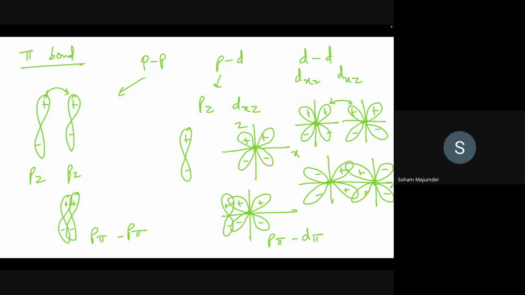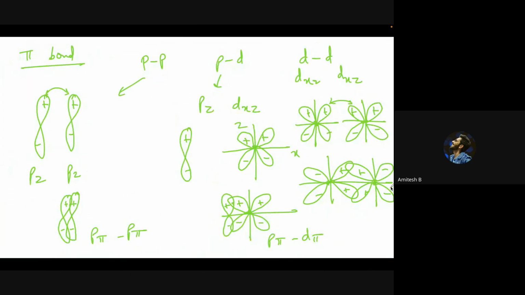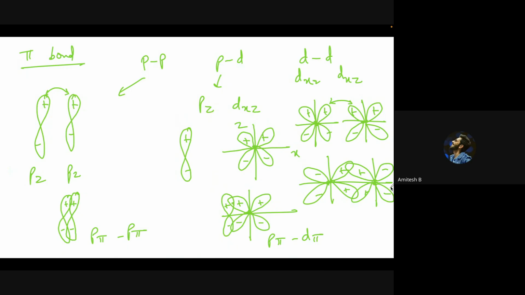No, sir. So like, pi bond is formed when the axes are always parallel to each other. No. Which axis you are talking about?